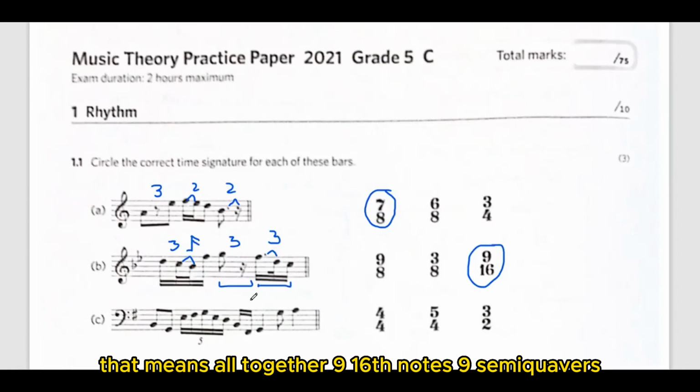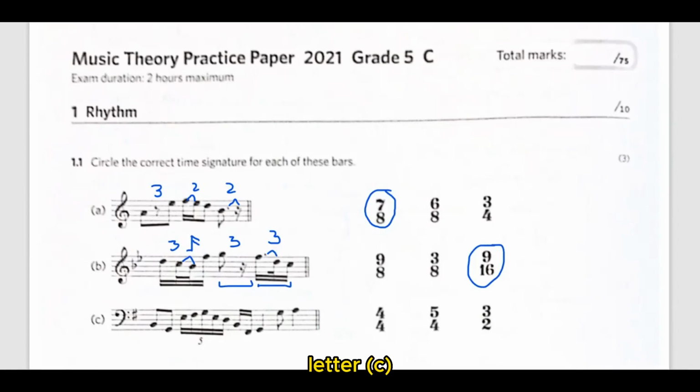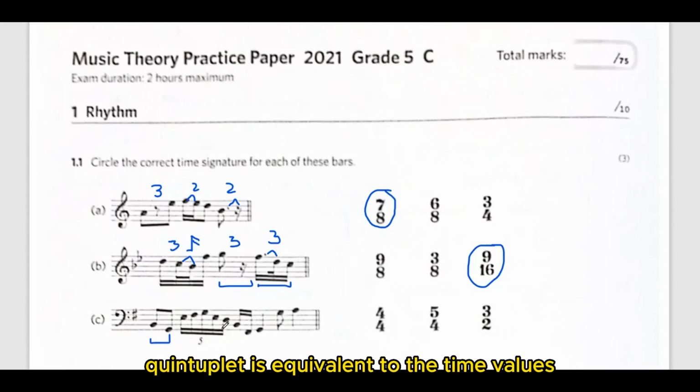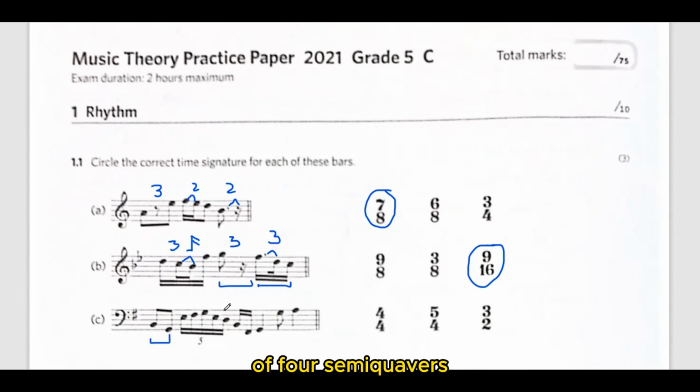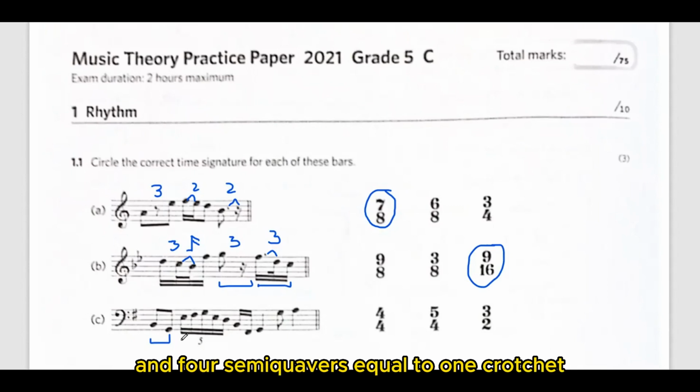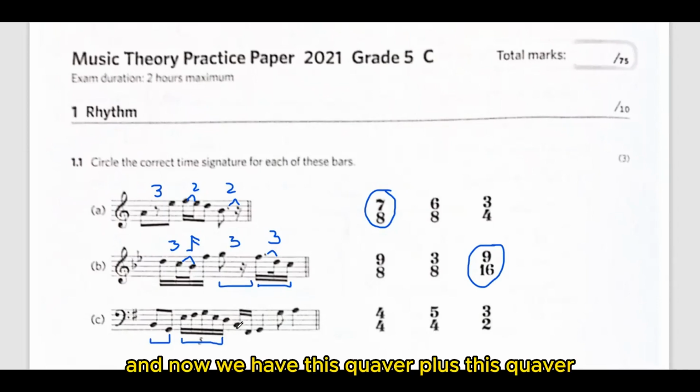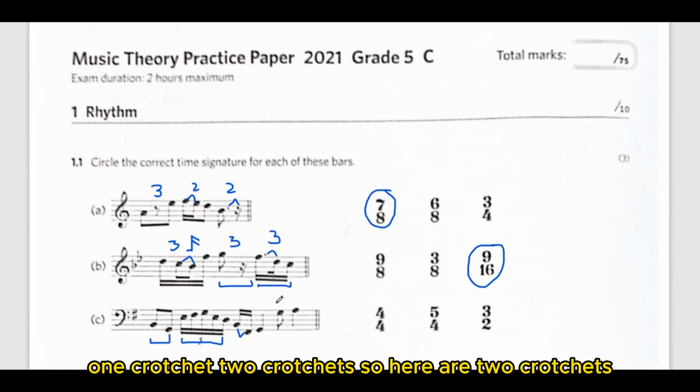9 semiquavers. Letter C. Here we have 1 crotchet. Quintuplet is equivalent to the time values of 4 semiquavers, and 4 semiquavers equal to 1 crotchet. And now we have this quaver plus this quaver, 1 crotchet, 2 crotchets.